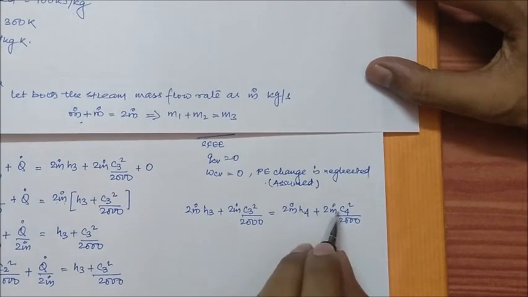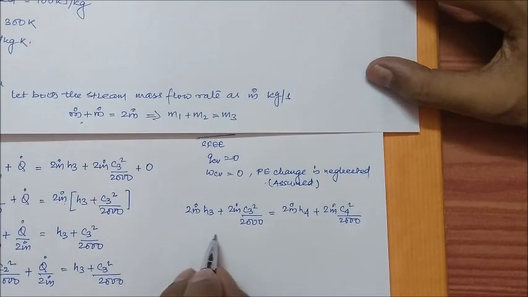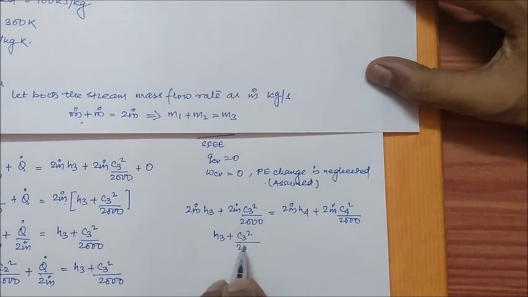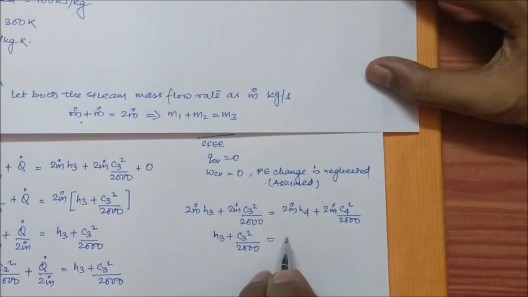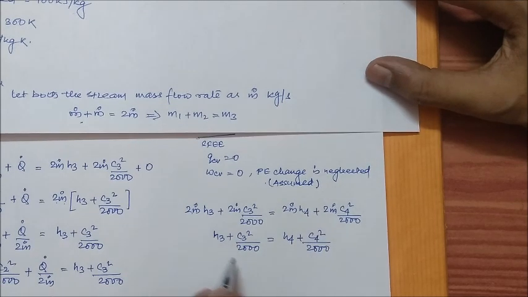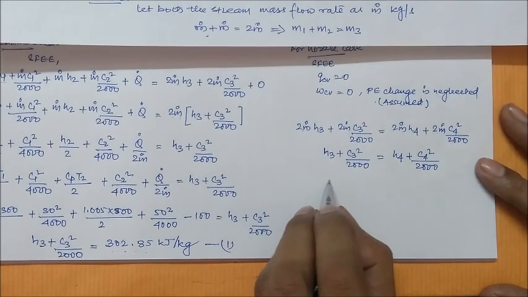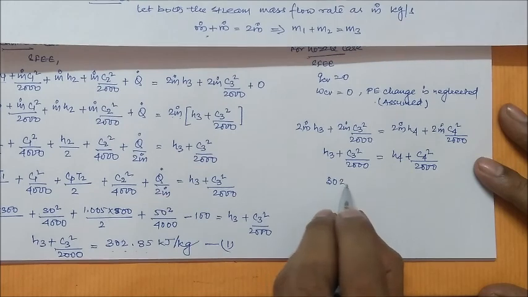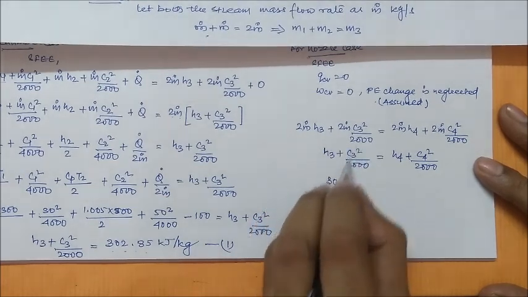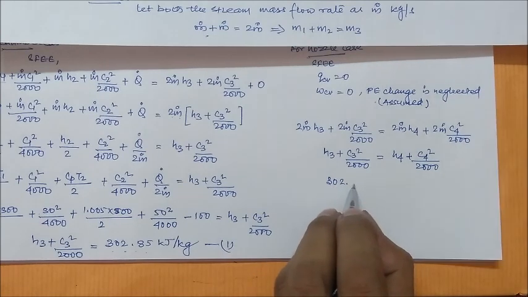This 2 m dot can be cancelled out, so it can be written as H3 plus C3 square by 2000 is equal to H4 plus C4 square by 2000.